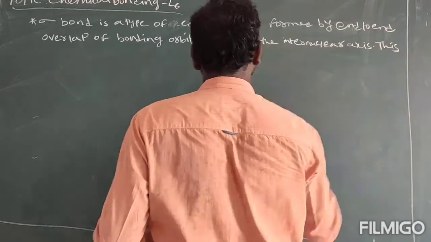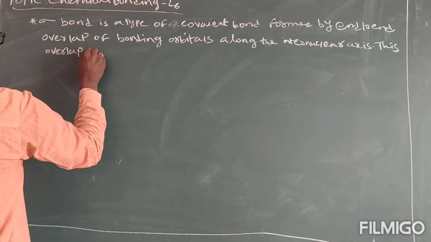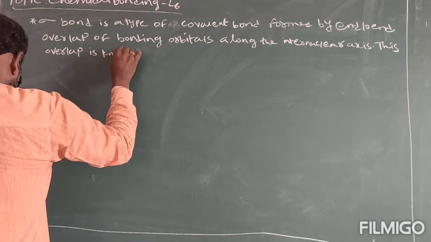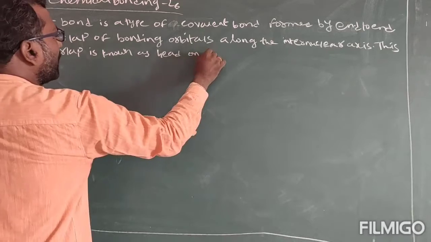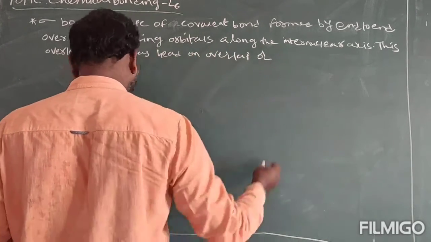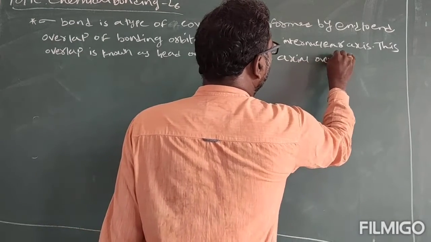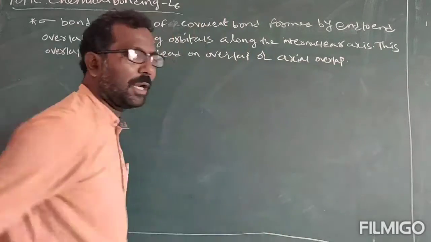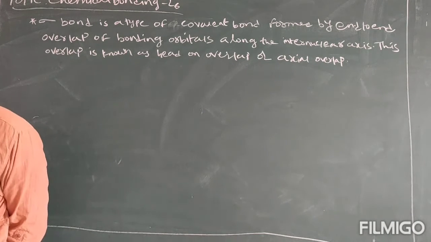This overlap is known as head-on overlap or axial overlap. Head-on or axial, through the axis it is coming, no? So that's why it is called that.